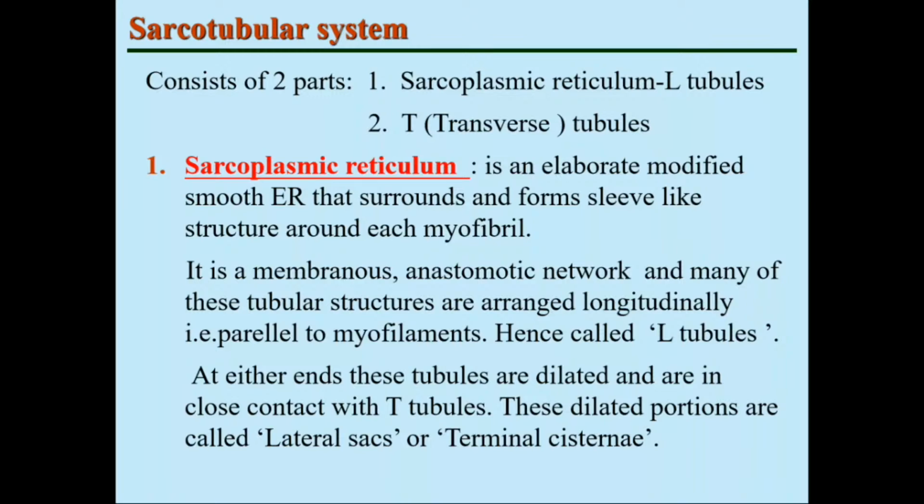So sarcoplasmic reticulum has certain tubules which are arranged in a longitudinal direction, that is along the length of the muscle. So those are called as longitudinal tubules. And number two, there are certain tubules called transverse tubules, as these tubules are situated transverse to the direction of the myofibrils.